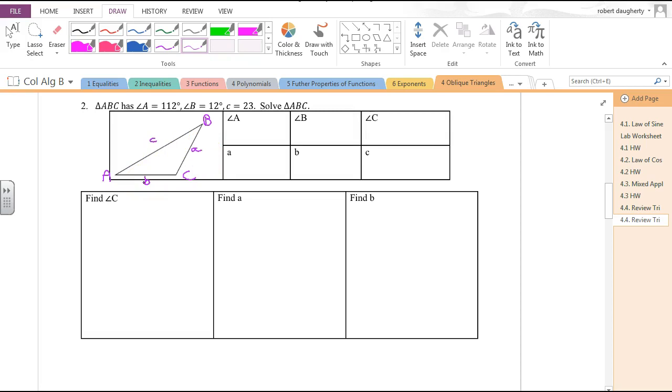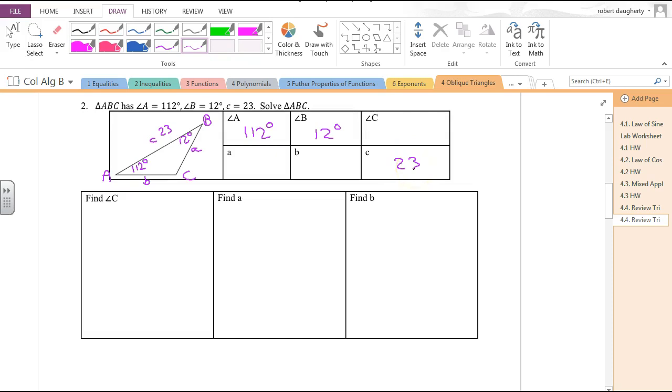If angle A is 112, angle B is 12, and little c is 23. So I know angle A is 112, angle B is 12, and side c is 23. I need to figure out all of these.